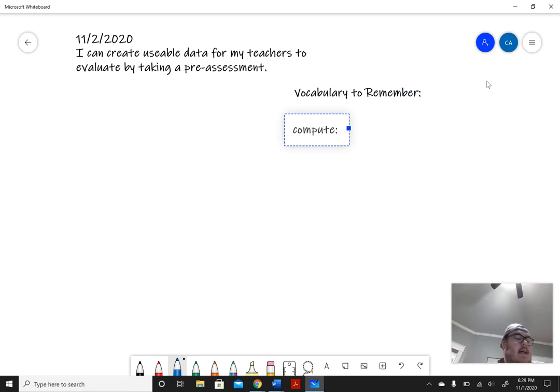It runs data. So the word compute really means to solve or figure out. So when you see that word compute, think about a computer and thinking about solving. Compute: go through the steps to get an answer. Teacher, after each of these words, feel free to pause the video so that students have time to write this down. Students, get it written down.